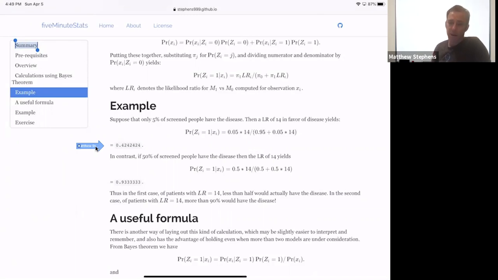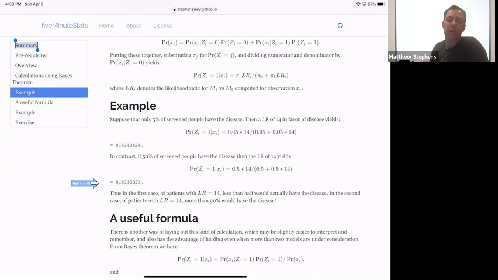But it's crucial to see that this calculation depends on the proportion of individuals that were diseased. If, in contrast, 50% of people have the disease, then a likelihood ratio of 14 would yield a posterior probability of 93%. The intuition is that how confident you should be, after seeing the result of this test, that the individual is diseased will depend on how confident you were before you did the test, or particularly on how common the disease is.